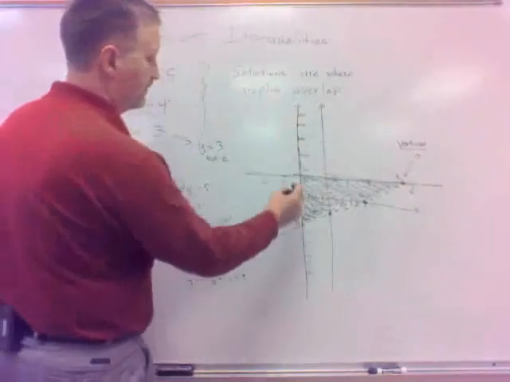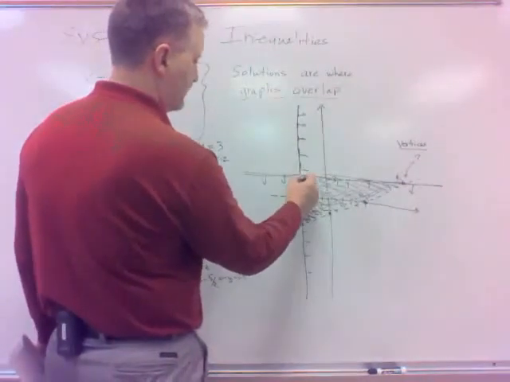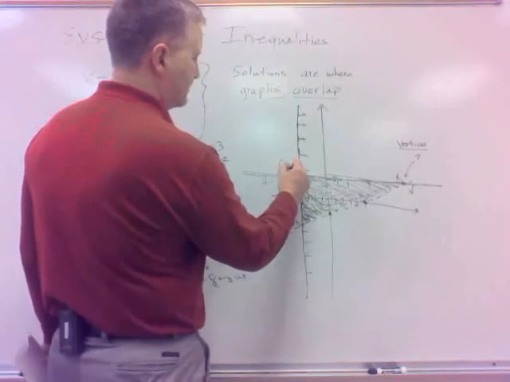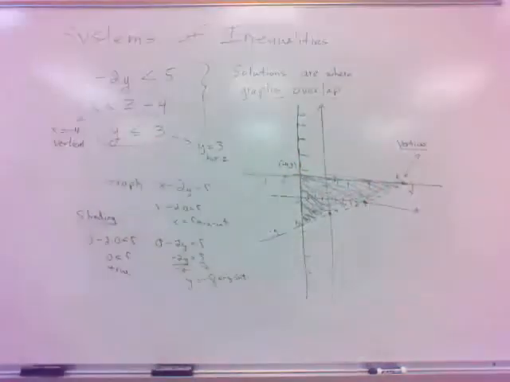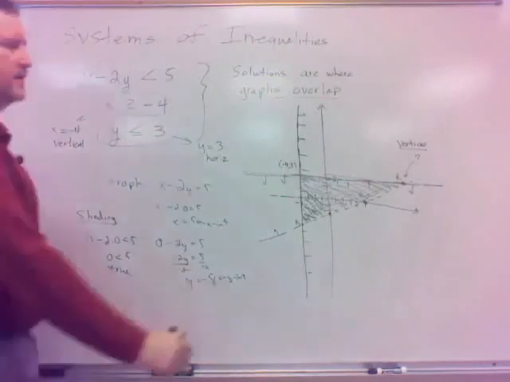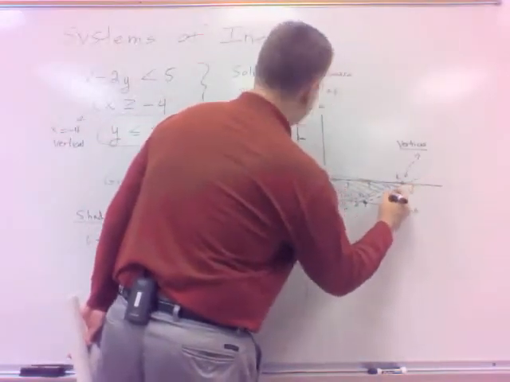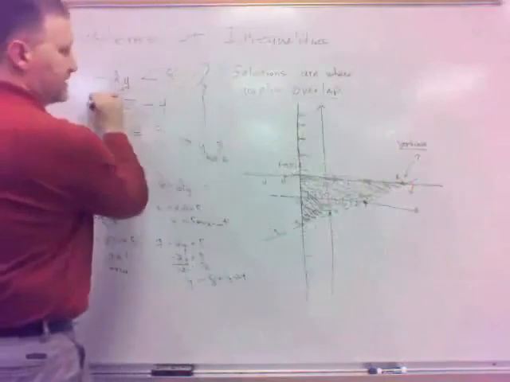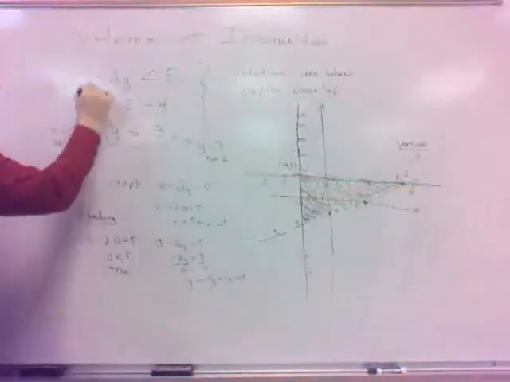This one would be easy because that's -4, 3, since they're vertical and horizontal. But the other two, let's talk about those. This one is where the slanted line crosses the horizontal line. So it's these two.